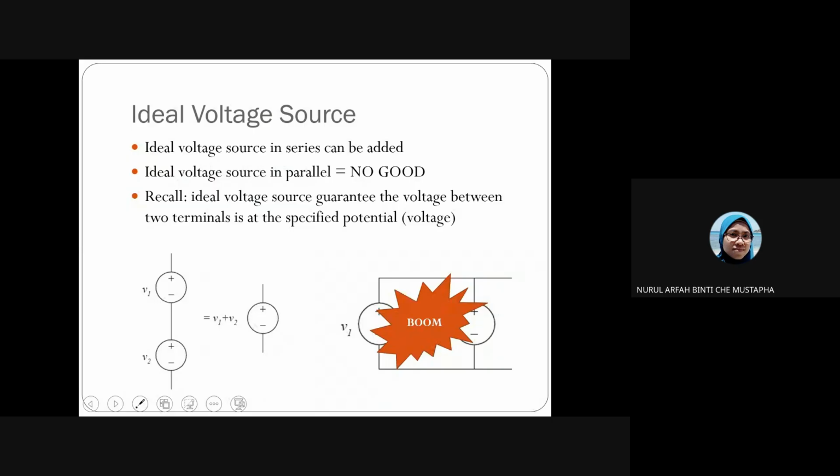If you have a 5 volt in real situation with plus minus 0.1, and V1 here is 5 volt with its own plus minus, in series you can add them.